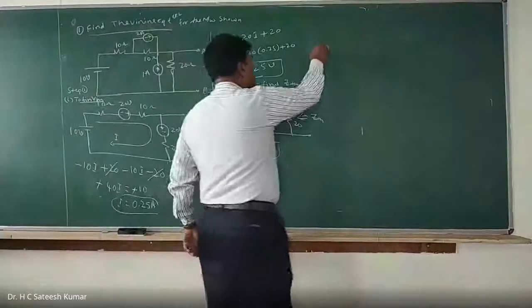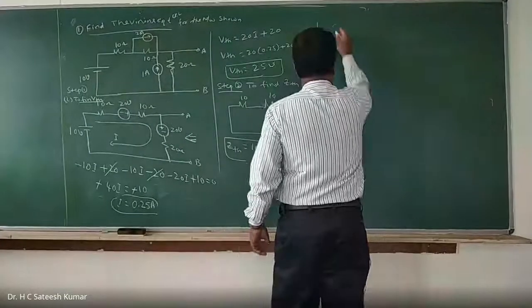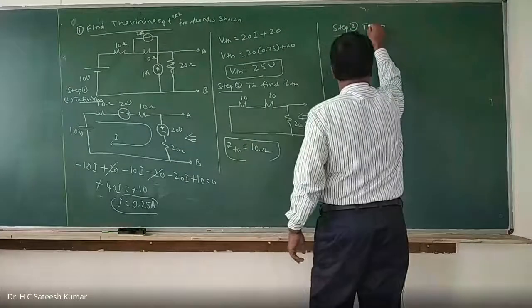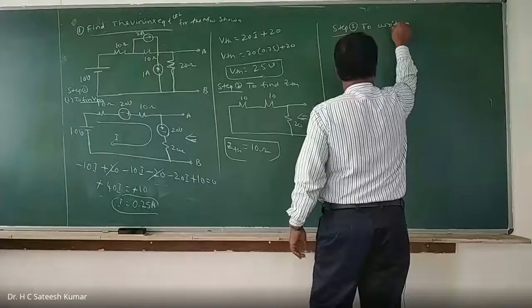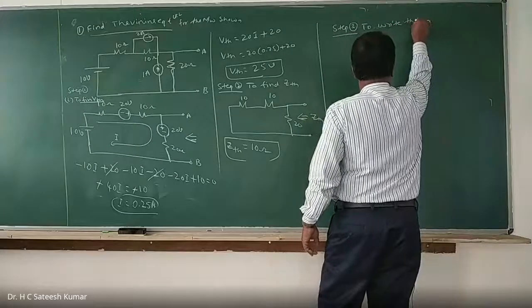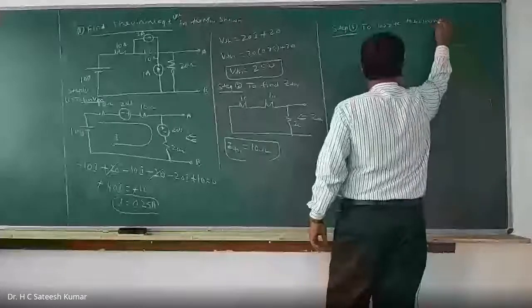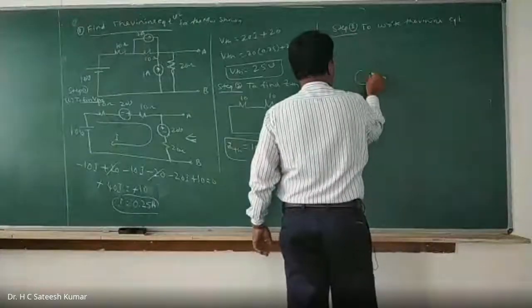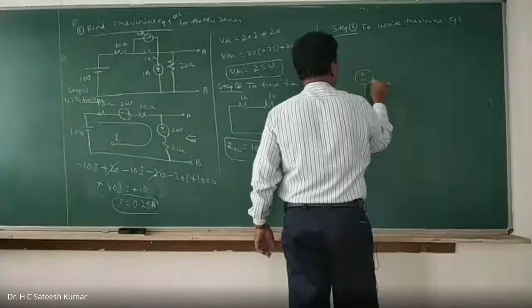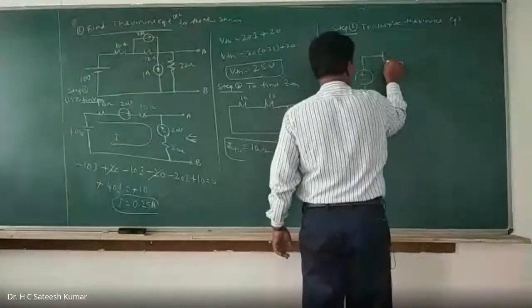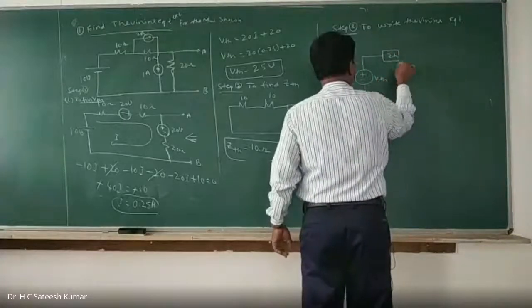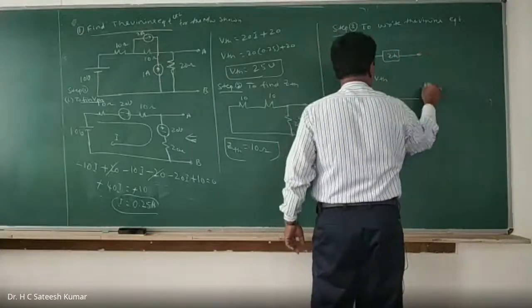Step 3 is to write Thevenin's equivalent. Any complicated circuit can be replaced by a voltage source in series with an impedance ZTH, and this is VTH, with the terminals AB.